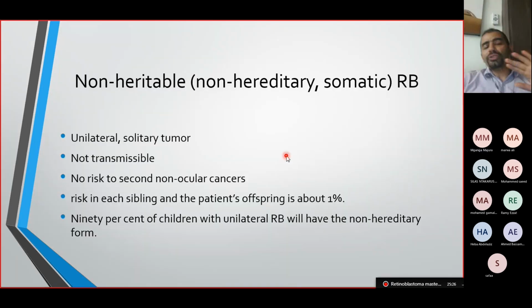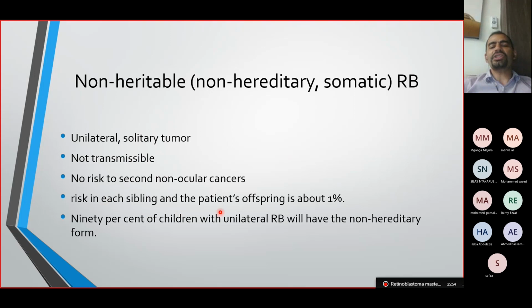Okay. So moving to the other form, which is the non-heritable, non-hereditary, or somatic retinoblastoma. Usually, those are unilateral and solitary, so they are not multifocal. Usually, they are not transmissible. It's a new mutation that developed in one of the somatic cells rather than the germ cells. There is no risk of a second non-ocular cancer like the pineal body tumor, or what we call trilateral retinoblastoma.